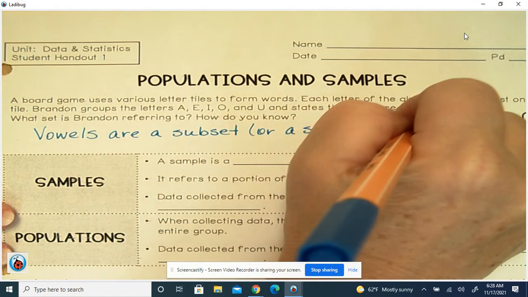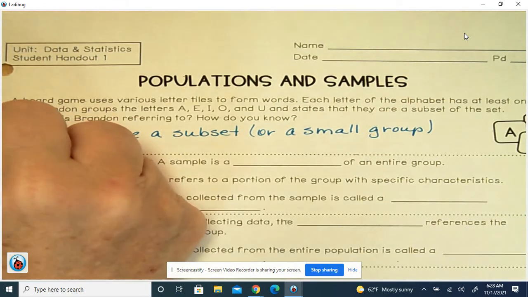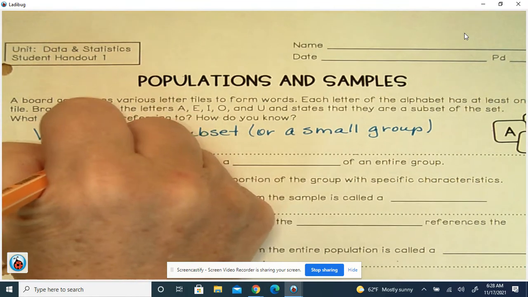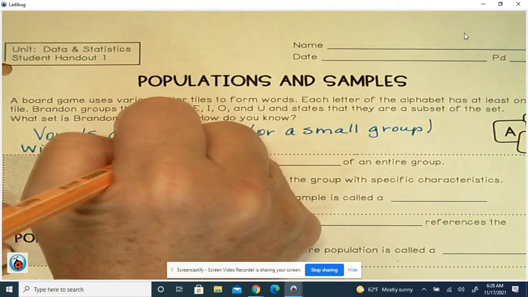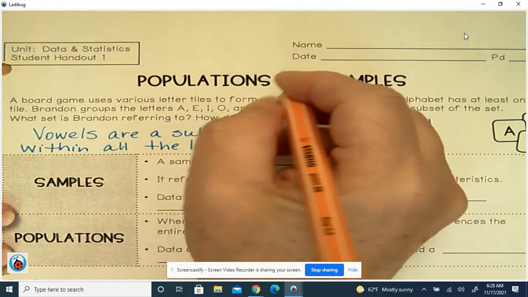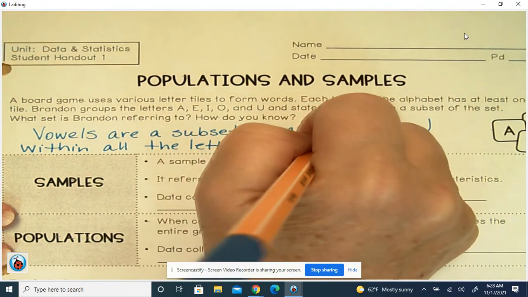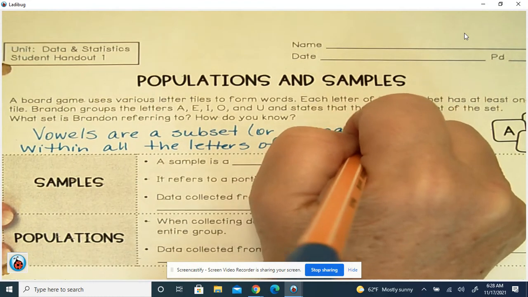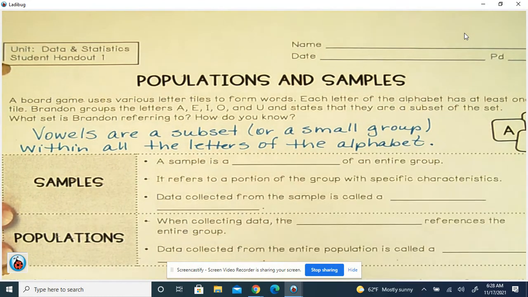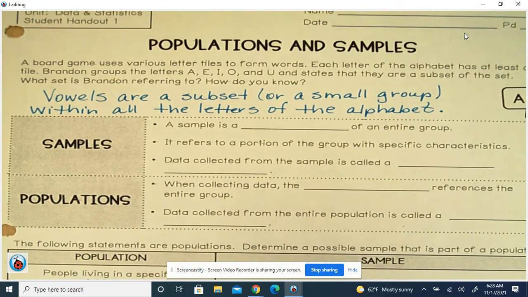A small group within all the letters of the alphabet. So vowels are a subset within all the letters of the alphabet.